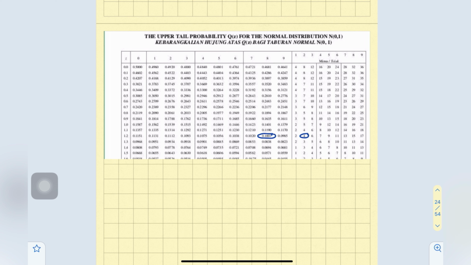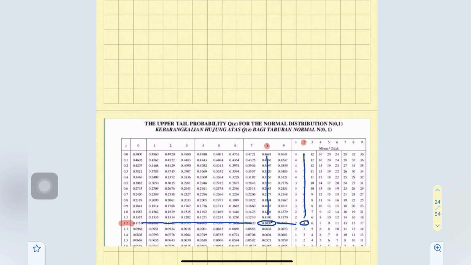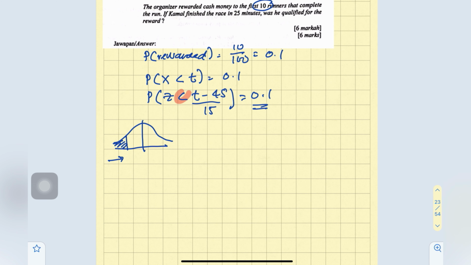Cara nak baca yang atas, yang ni, which is equals to 1.282. Tahu kan macam nak baca. Tapi dia punya position dia dekat left, so negative. So (T minus 45) over 15 equals to negative 1.282.